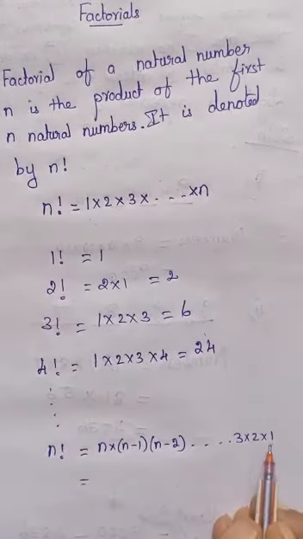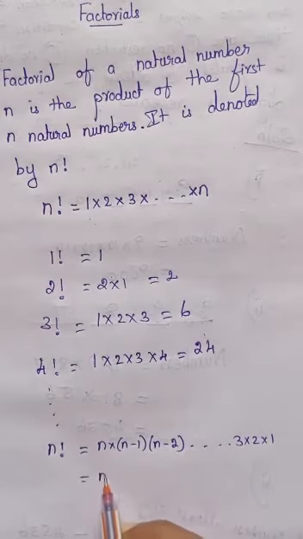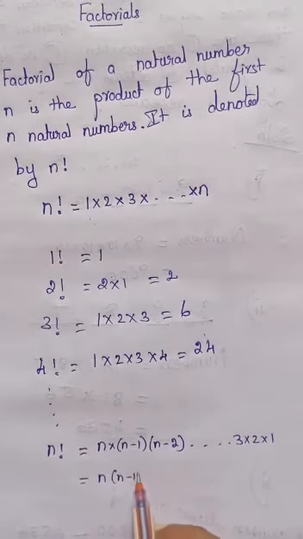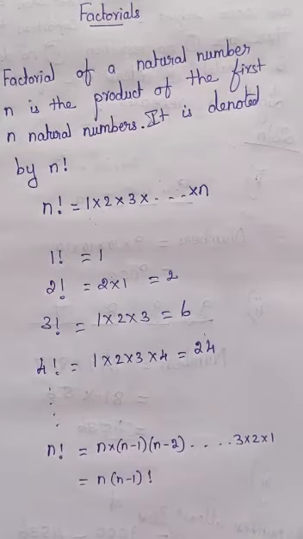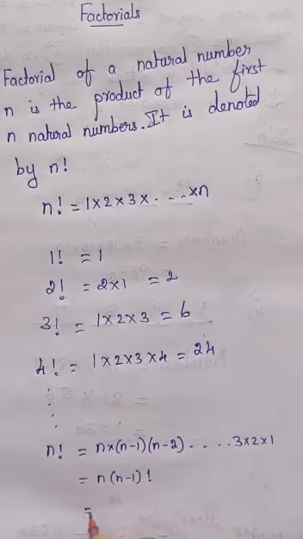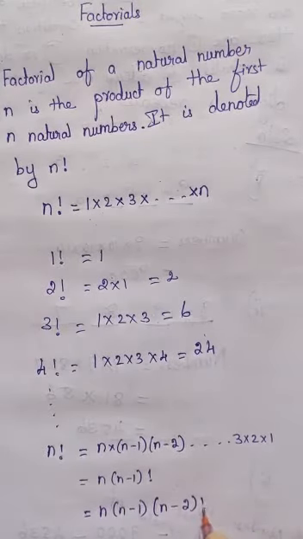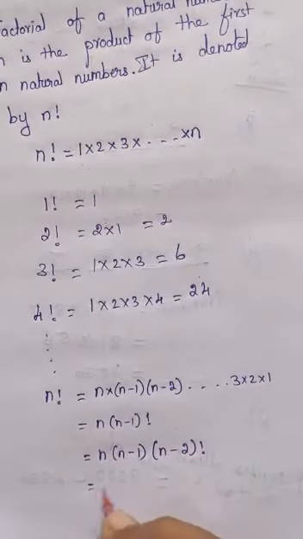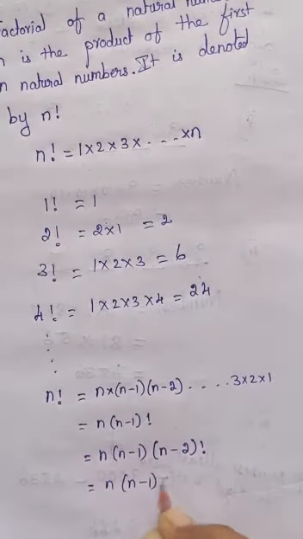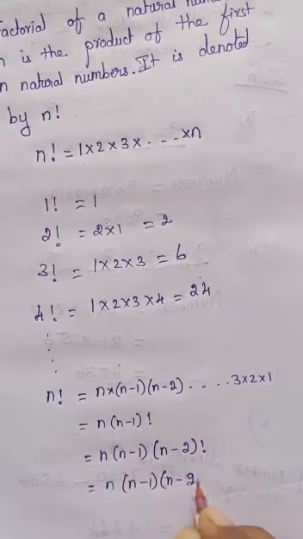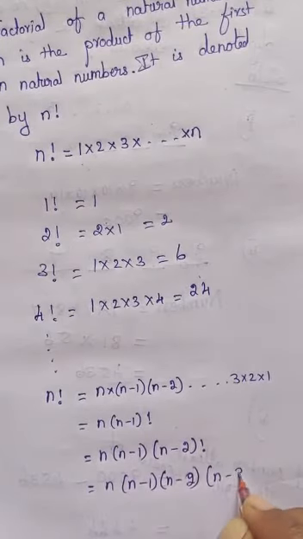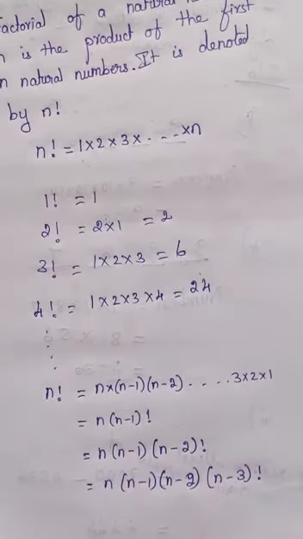When we count from here till this, this is n into (n minus 1) factorial. Or we can write this as n into (n minus 1) into (n minus 2) factorial. Or even n into (n minus 1) into (n minus 2) into (n minus 3) factorial.